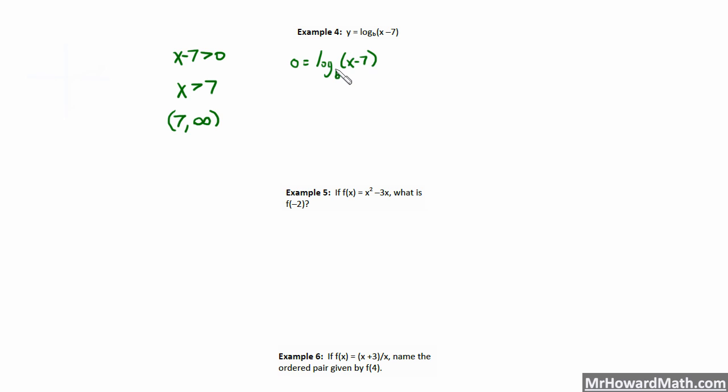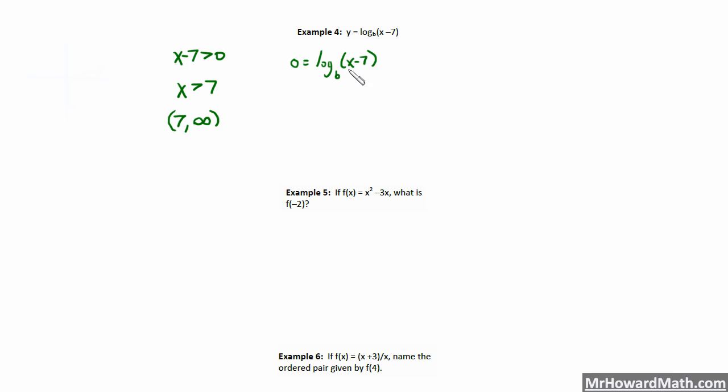And remember, logarithms are the inverse of our exponential functions, and we can rewrite a logarithm in exponential form and work with this better. The rules say that whatever our base is, our base raised to this power is equal to this portion of the logarithm. Okay, the base raised to this value is equal to this value inside the parentheses.